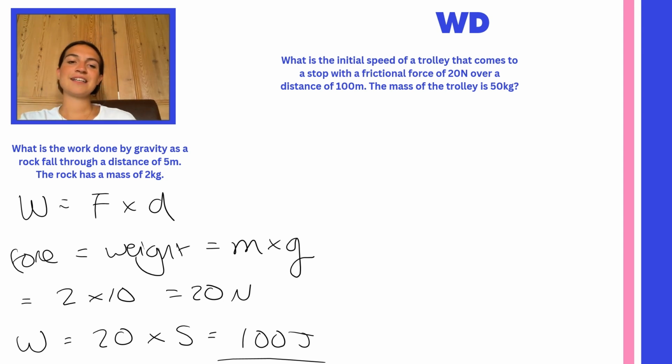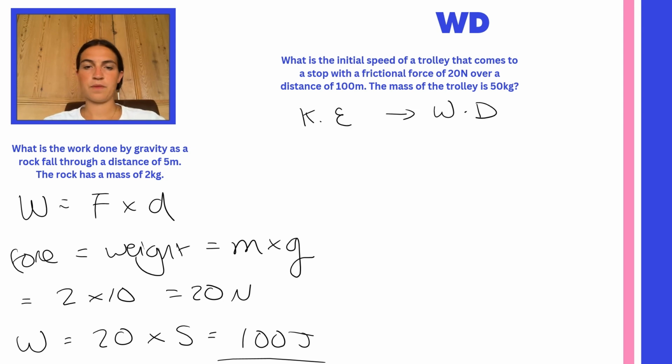Okay, next question. What is the initial speed of a trolley that comes to a stop with a frictional force of 20 newtons over a distance of 100 meters, and the mass of the trolley is 50 kilograms? Okay, so like previously, I need to appreciate that all of that kinetic energy needs to be transferred into heat via this work done with this frictional force. So I can set my kinetic energy equal to my equation for work done.